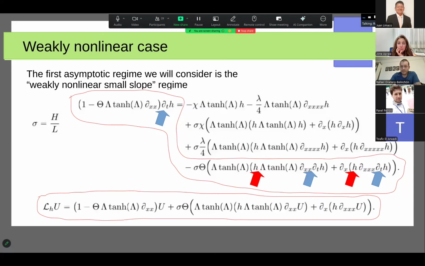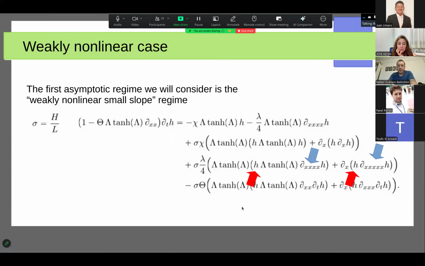Then what about the space? In space, it seems that the higher order derivatives are these guys in blue. That would be sixth order. If we just consider this guy right here, it looks like a sixth order parabolic porous medium equation, in a sense. However, this guy again presents the same commutator structure.